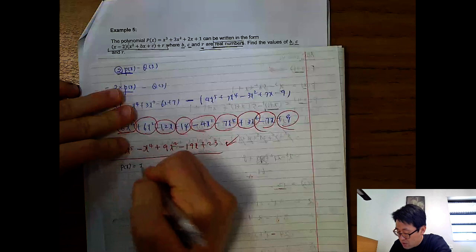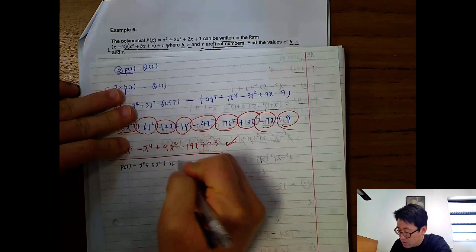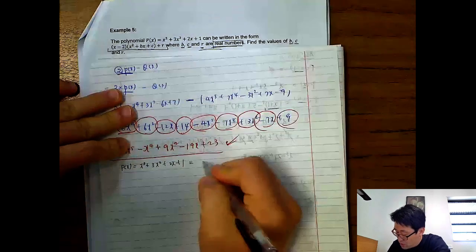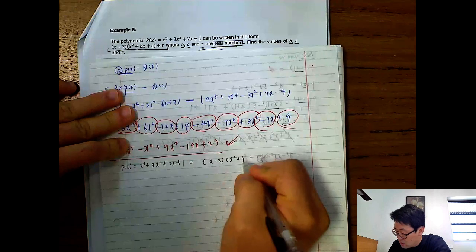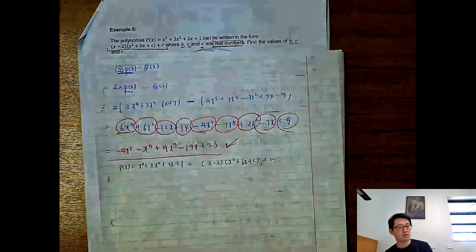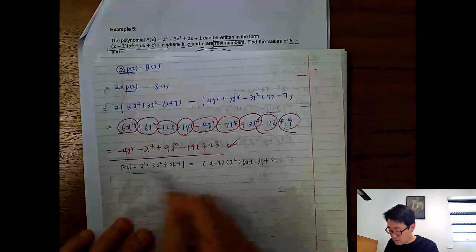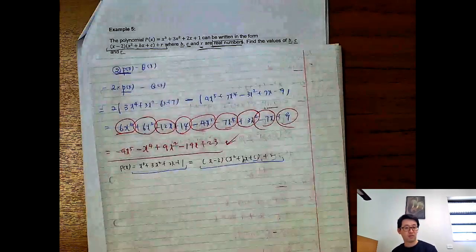Px equals x cubed plus 3x squared plus 2x plus 1 can be written in the form of, which means equal to x minus 2 times the bracket. They are the same, isn't it? Yep. I know what the left hand side is, but I don't know what b, c, and r are.